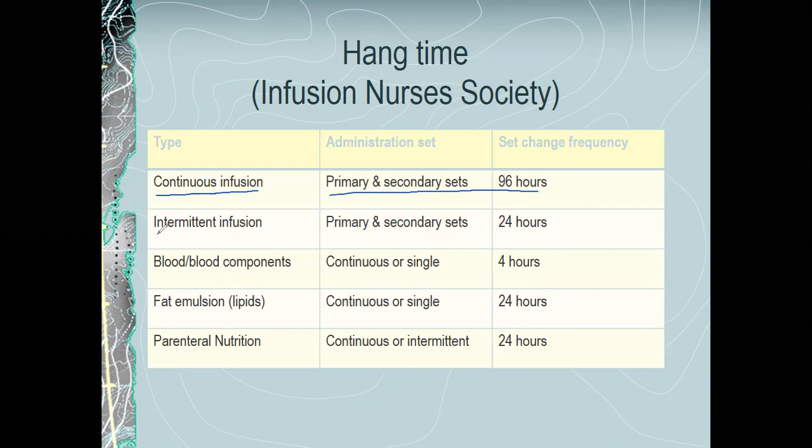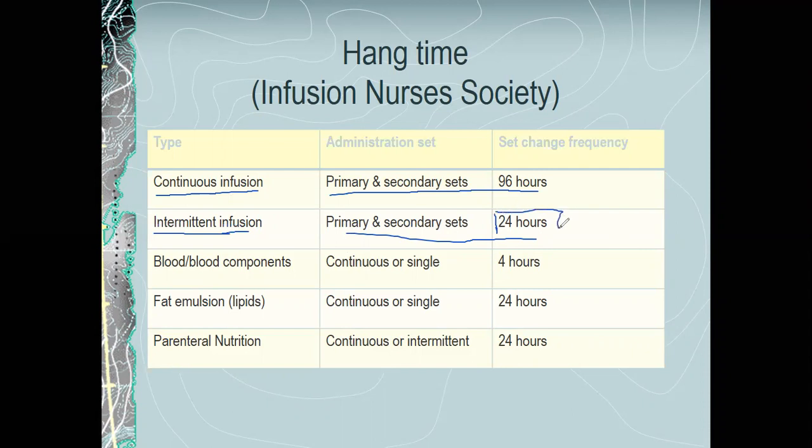If it is an intermittent infusion, so somebody who is just getting their antibiotics and not getting regular IV fluids all the time, where you're only hooking them up, giving the IV fluid or piggyback, and then taking them off the administration set, those should be changed every 24 hours.